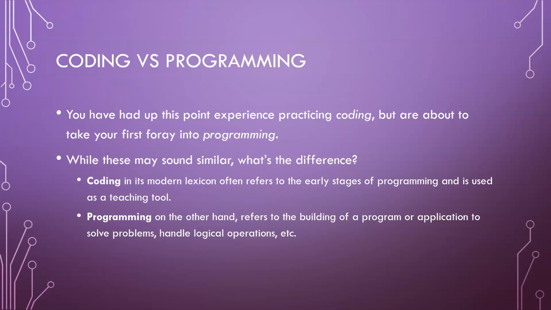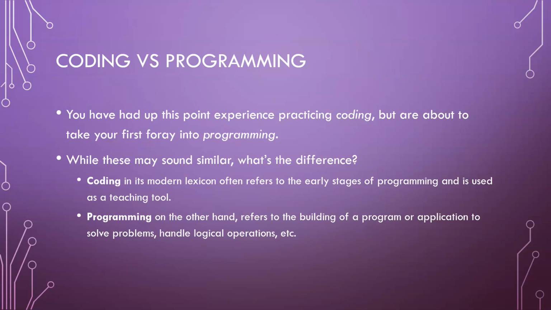Whereas programming, on the other hand, refers to the building of a program or application in order to solve problems, handle logical operations, and so on. In fact, a lot of the stuff that goes on with coding is just a small piece of programming. You can think of coding as a small introduction into the larger field of programming.